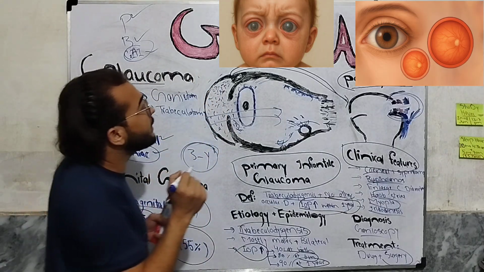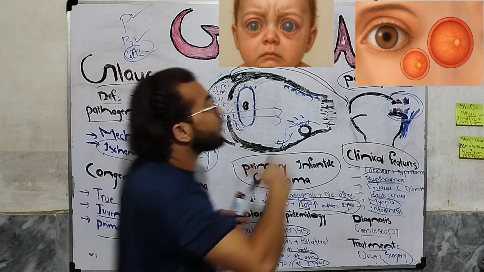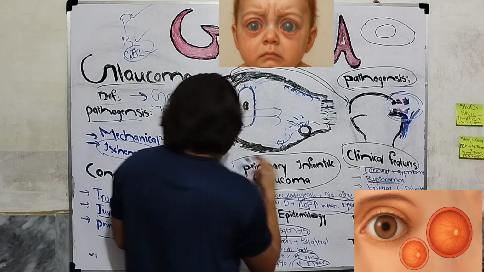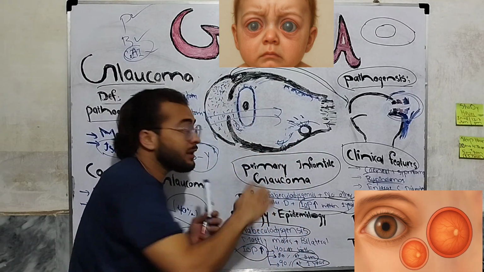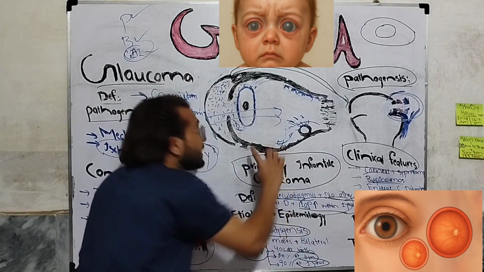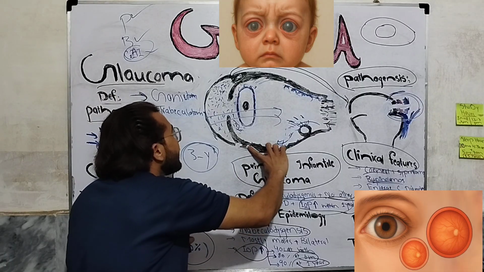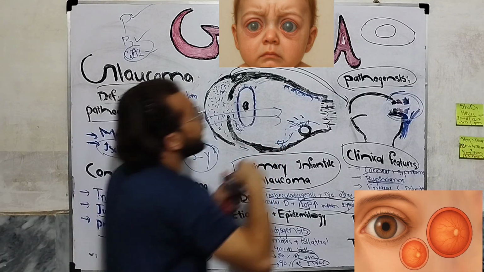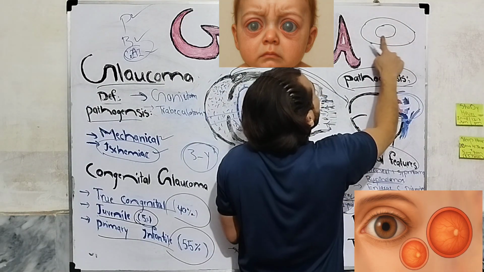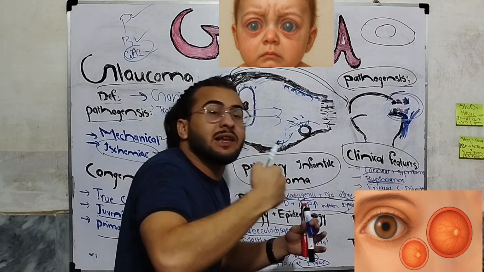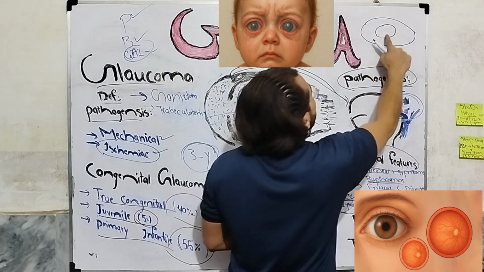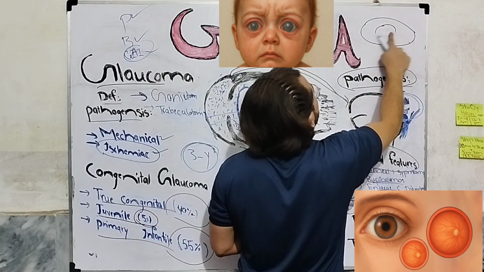So in trabeculotomy, what are we doing? We are incising the sclera and entering into the anterior chamber, and through the deep scleral flap we will remove the trabecular meshwork like this.